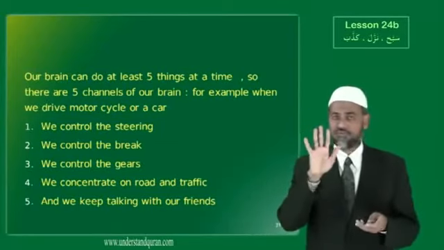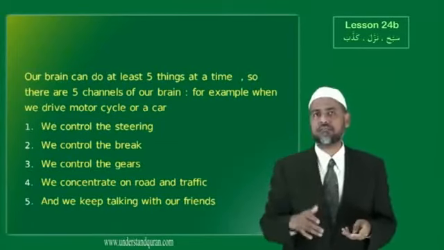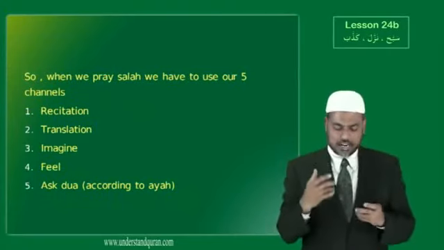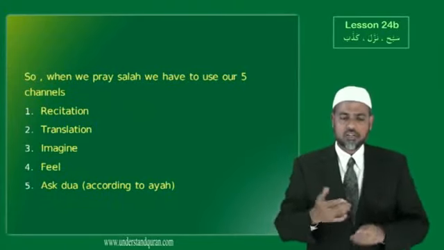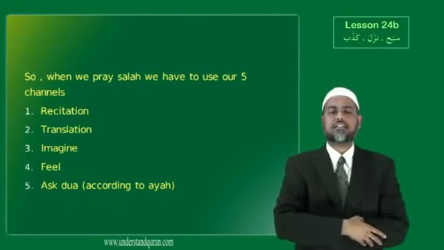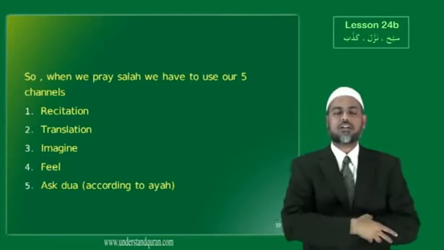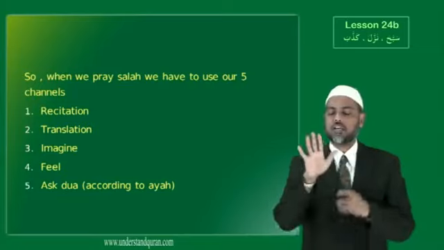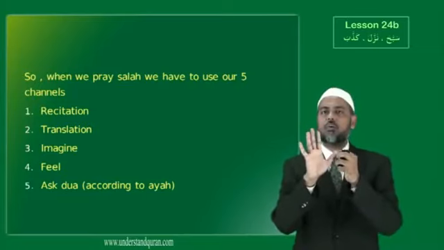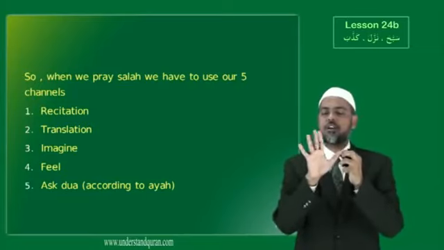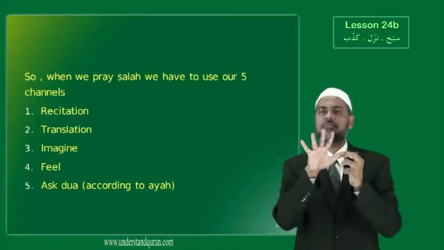So we at least have 5 channels of our brain. When we are reciting, when we are praying, if we are just focusing on the words, Arabic words, without understanding, that's what we do generally, Alhamdulillah Rabbil Alamin Ar-Rahman Ar-Rahim, then only one channel is occupied. The 4 channels of the brain are free.